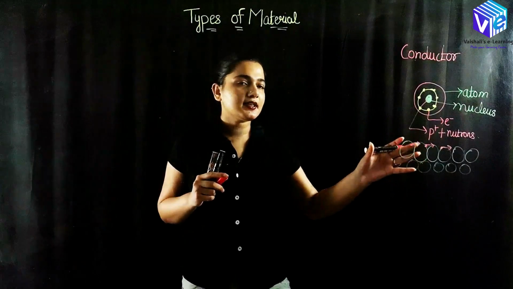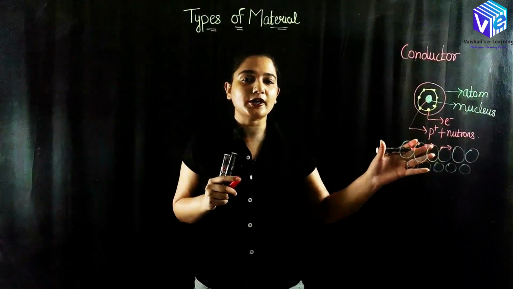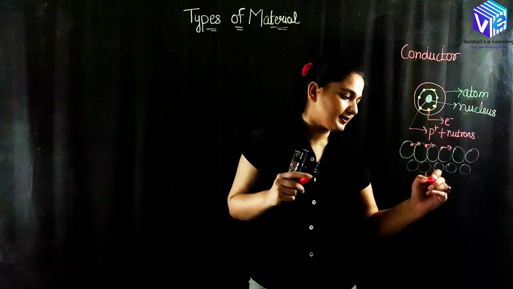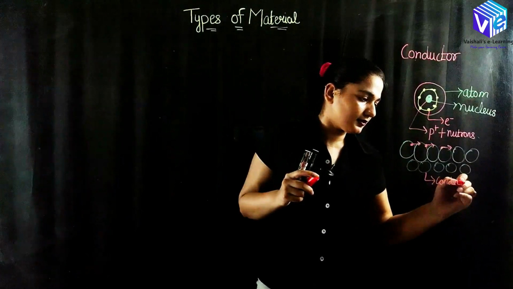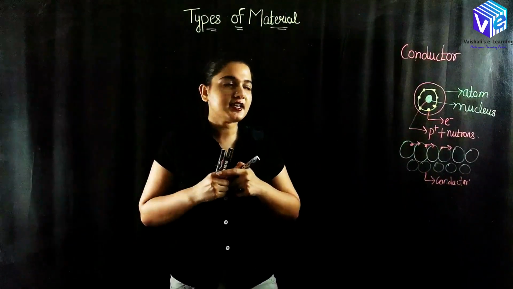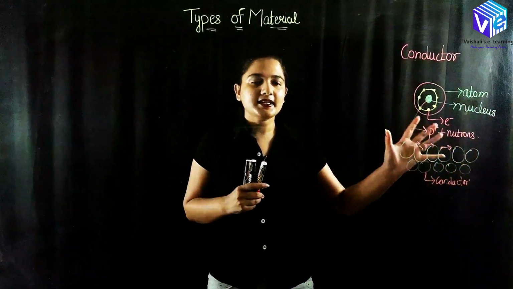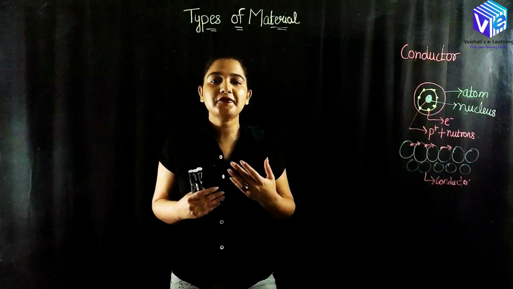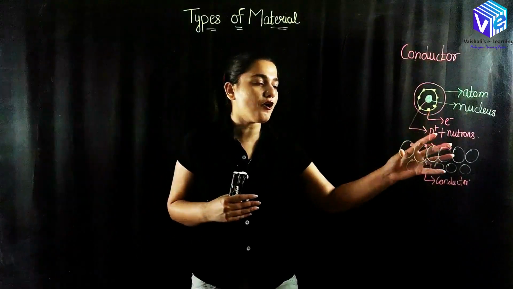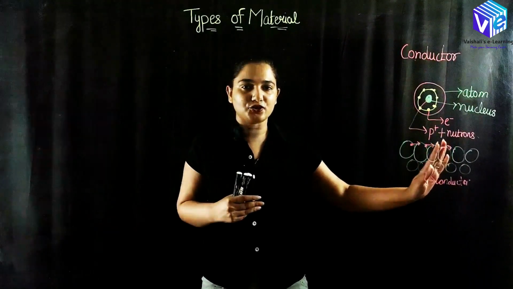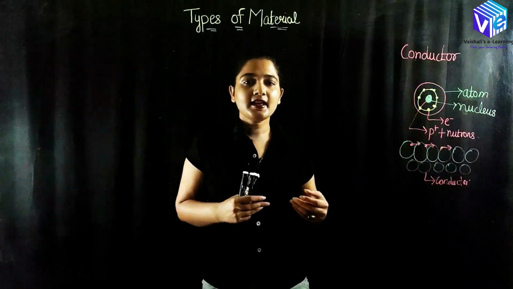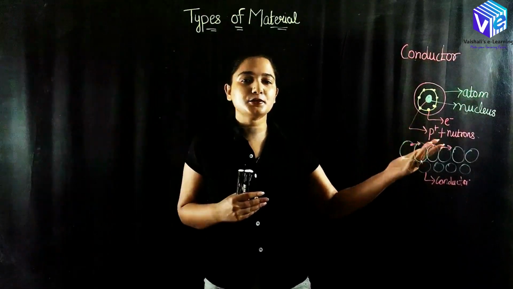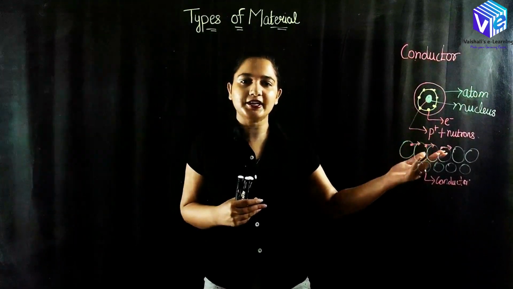This is the case when we are talking about conductors. Electrons move freely inside the conductor, or I can say very little resistance is offered to the flow of electrons, or the conductivity is very high in the case of conductors.